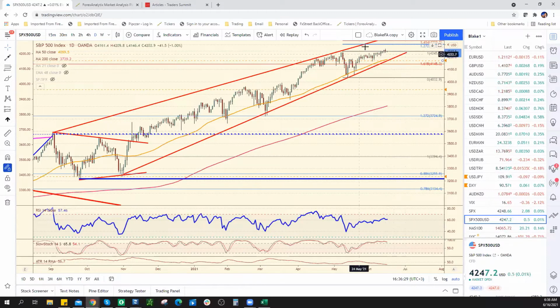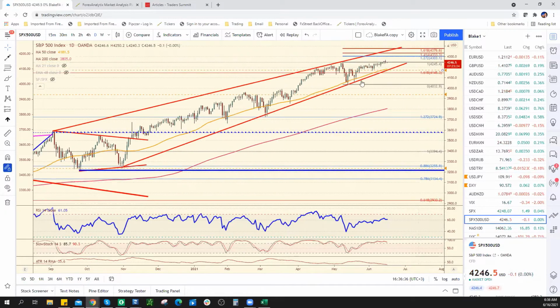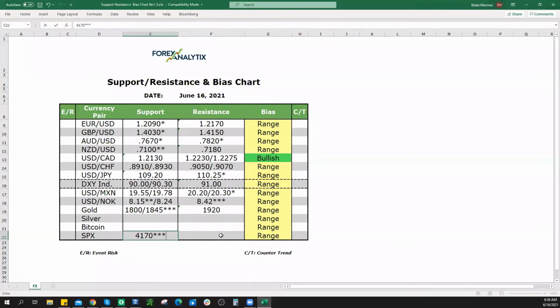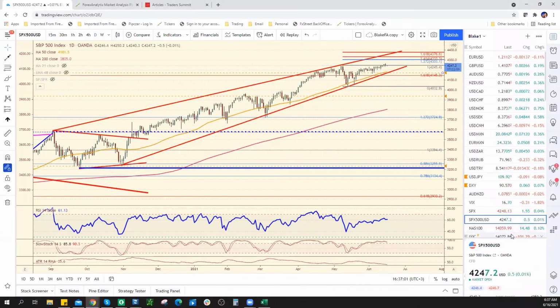Because if that breaks, how I'm approaching the market's going to shift pretty big. Okay. Resistance is at 4300, which is the 127% extension. Obviously, we could extend even further. If the Fed's just dovish, we should see 4300 today. And we have to stay bullish while we're above that 4170. While we're above there, we have to stay bullish. We just have to.